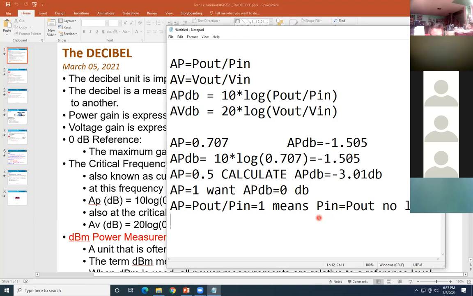Now, I give you AV equals 0.707, and I want AV in dB. The formula will be 20 log.